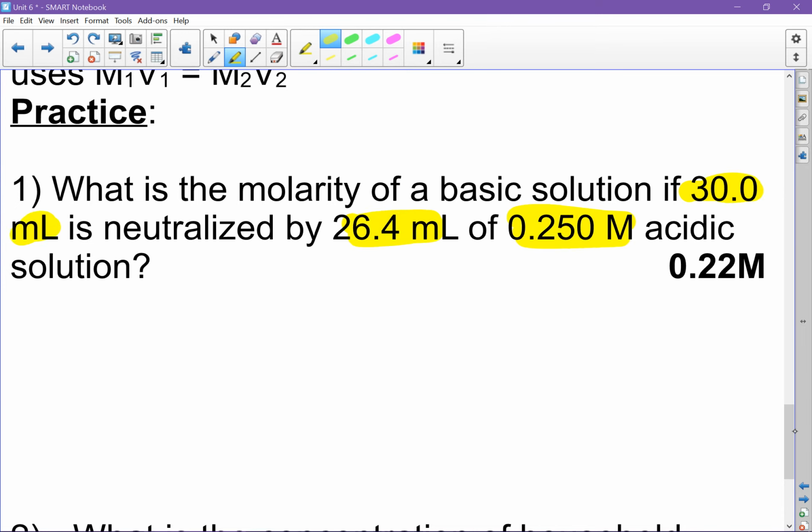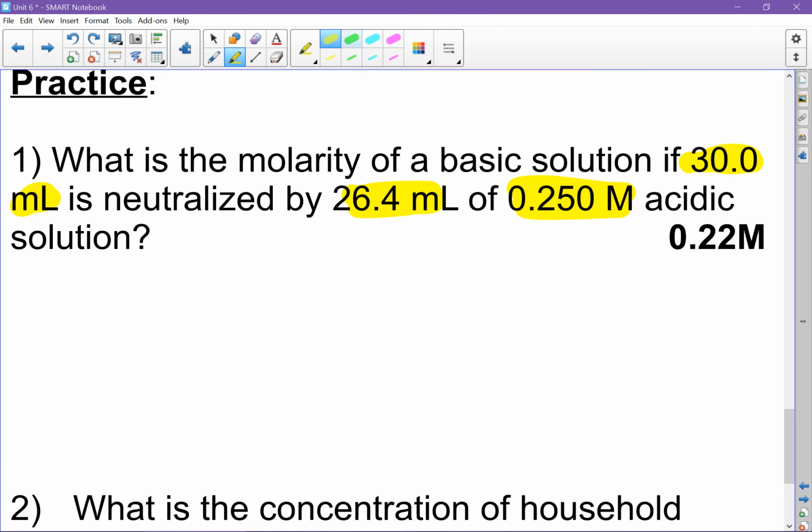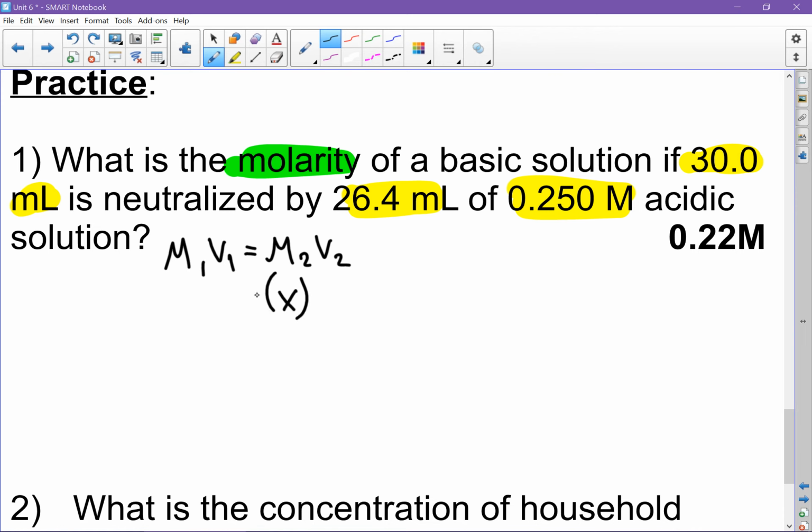And so in this question it says, what is the molarity? That means I'm missing one of my M values. So we're going to write M1V1 equals M2V2. Okay? So maybe I don't know M2. Right? So that's the basic solution. It tells me I start with 30 milliliters, and that's the amount of basic solution.